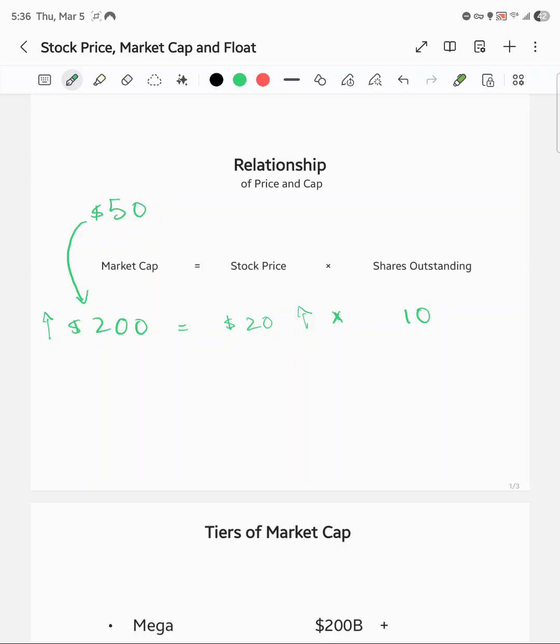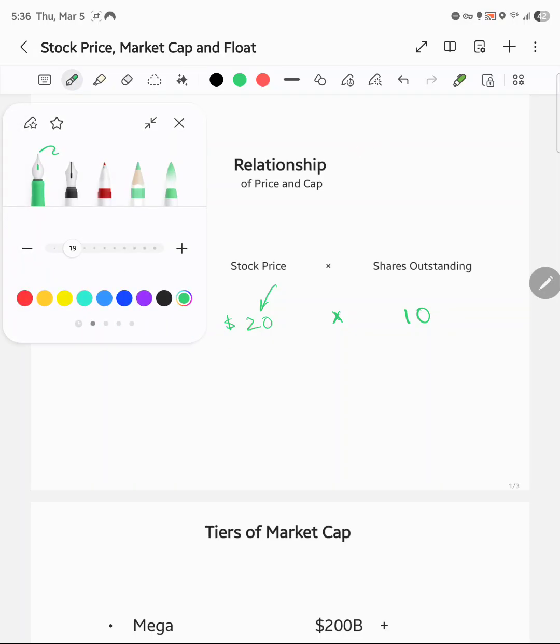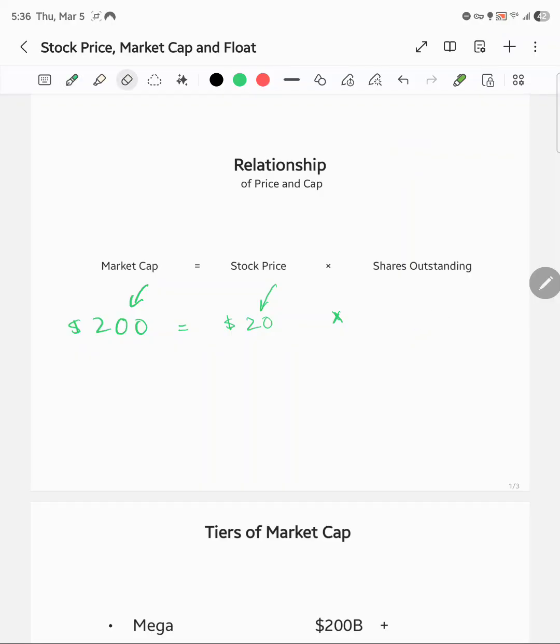Now let's say we have the scenario here where the market cap is 200, stock price is 20. Now let's say the company decides to issue more shares. Okay, they say, you know what, we want to issue 10 more shares.